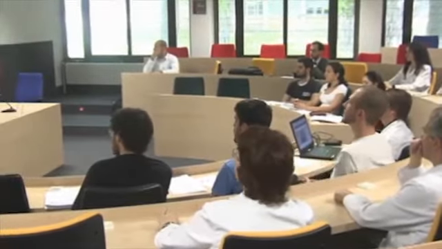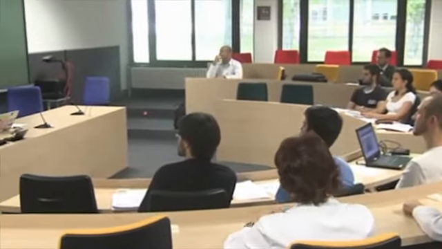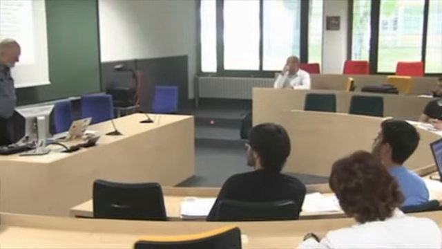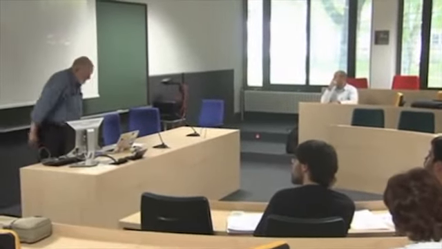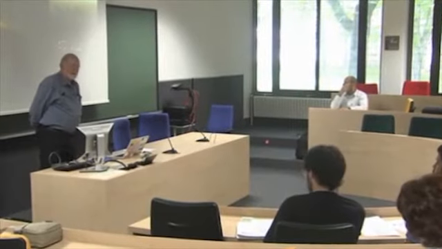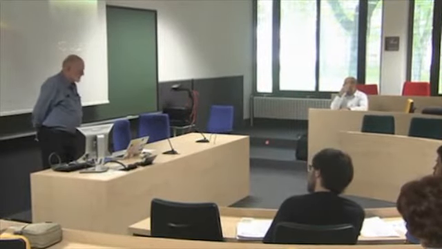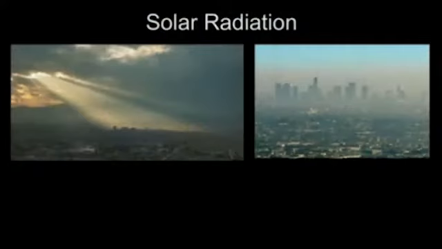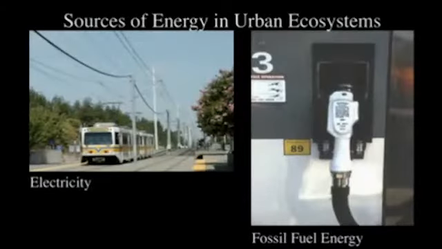Now, all sorts of modifications take place relative to the abiotic components of ecosystems. We have, of course, affected solar radiation through the amount of air pollution we release into the atmosphere that reduces the amount of solar energy that reaches the ground. We have also brought in other sources of energy that maybe don't fuel energy flow through plants and animals, but fuel our cities, and related with that incorporation of energy is some pollution problems.